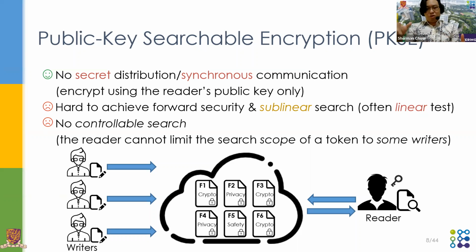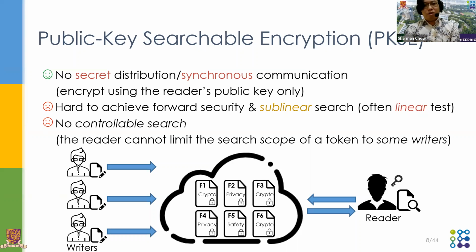Security-wise, that's obvious because we want to confine the scope of the searching process. For efficiency, you don't need to touch part of the database, so that can be more efficient. Imagine you're only interested in one particular writer's ciphertext, why bother to search the others?